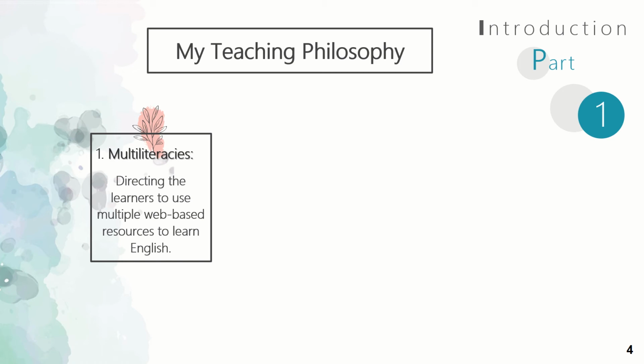They claimed that literacy teaching may go beyond written language and teach learners to interpret meanings of words through other modes. Therefore, I direct the learners to use multiple web resources to learn English.